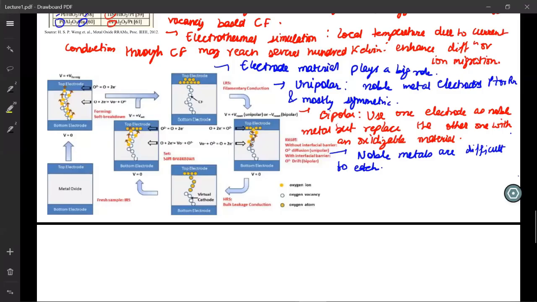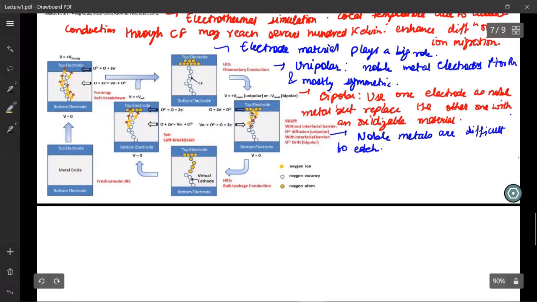And now, based on these observations, let us see how Professor Shimenyu came up with this kind of a unified approach. Needless to say, since the CAFM images showed that there is exactly a formation of a conduction filament, the forming leads to soft directed breakdown.